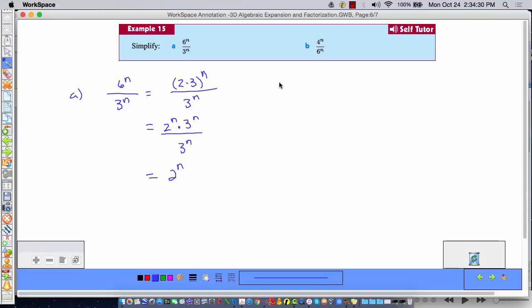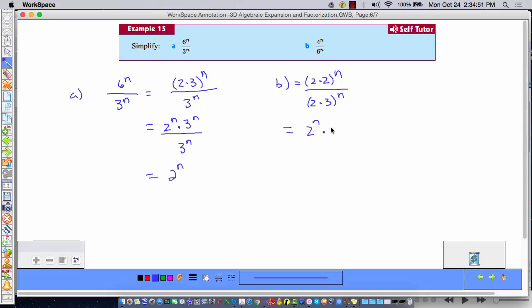Bam! And then part B, same idea. 4 to the n I can think of as 2 times 2 to the n power. And 6 to the n I can think of as 2 times 3 to the n power. And you might see this already.